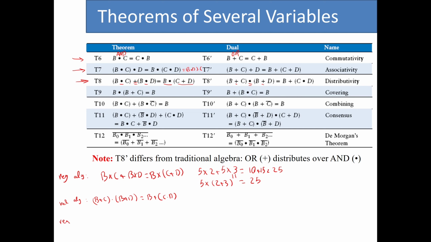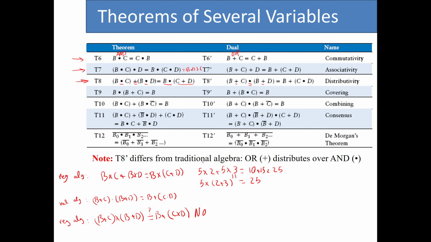Can we say the same thing in regular algebra? B plus C multiplied by B plus D, is it equal to B plus C multiplied by D? The answer to that is no.